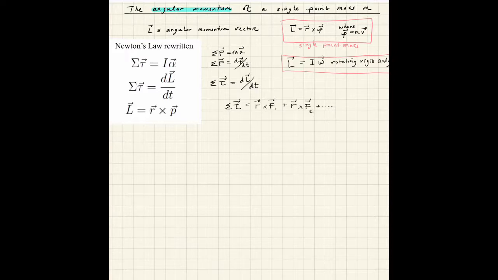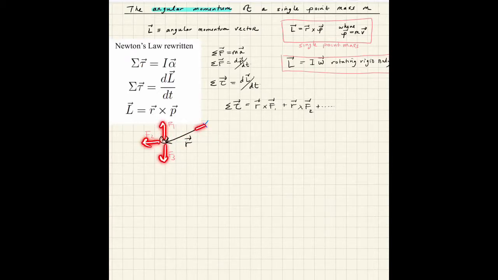So maybe here's a point mass m, and maybe here's the axis of rotation, and maybe this is force 1, force 2, force 3, etc. Well, the r vector would point from the axis of rotation to where the forces are acting, and it's going to be the same for a point mass because all of the forces act on the point mass.